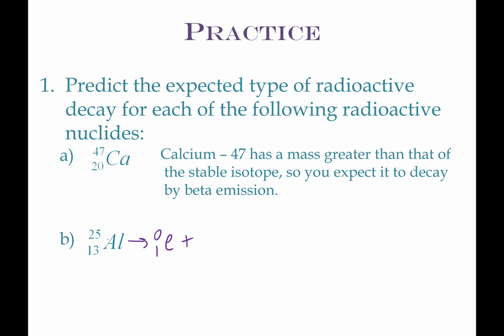What do we get here? We have 25 minus 0 is 25. 13 minus 1 is 12. So now we have 25 minus 12, and we have 13 neutrons. Getting ahead of myself, I'll rewrite it.